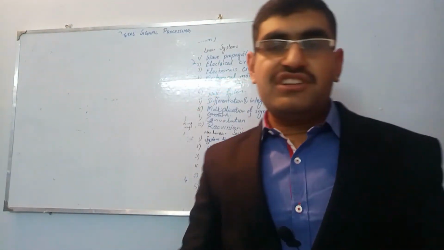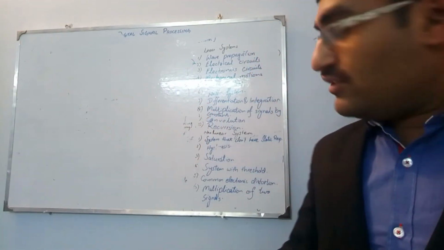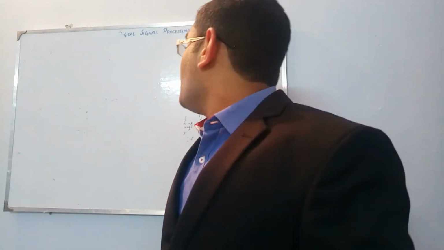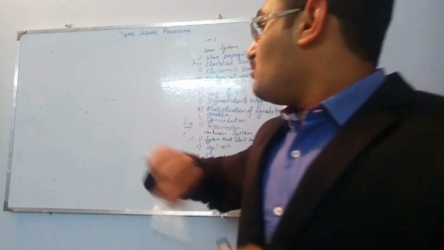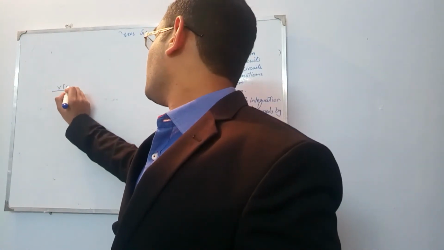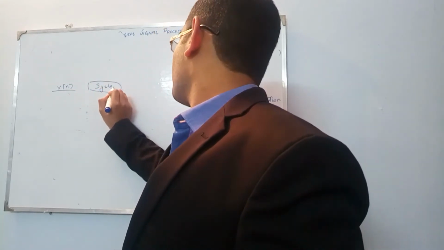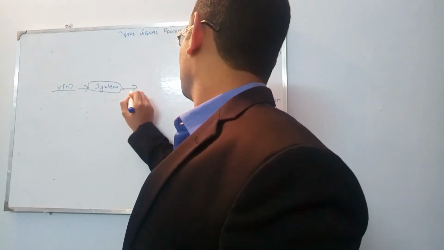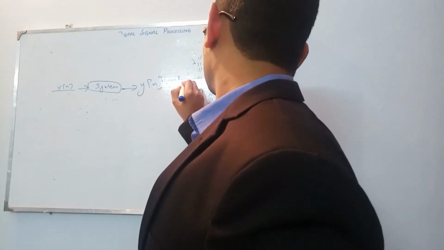The other example is the unity system. So what is a unity system? When we feed input to a system and the system gives the same input as output, I am giving x of n to the system and the system gives y of n equal to x of n.